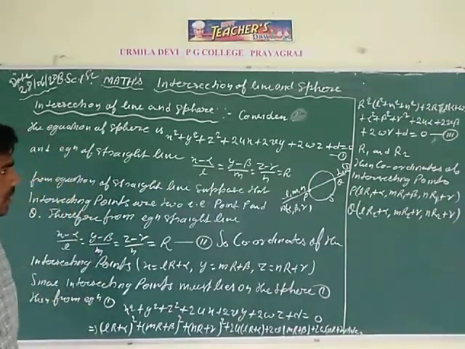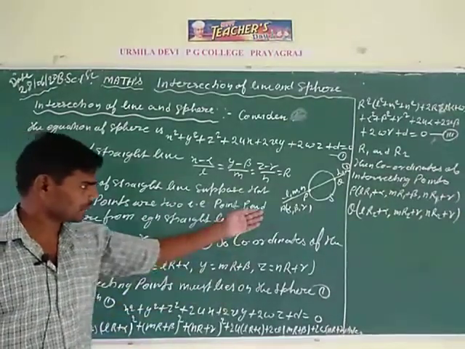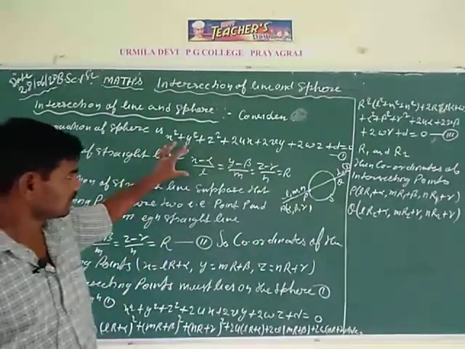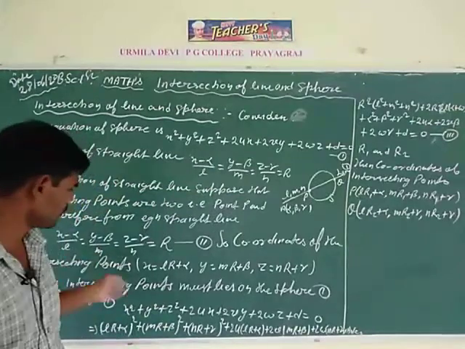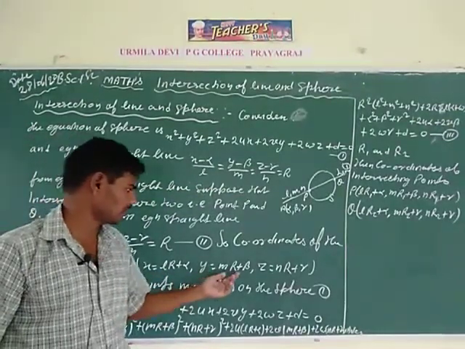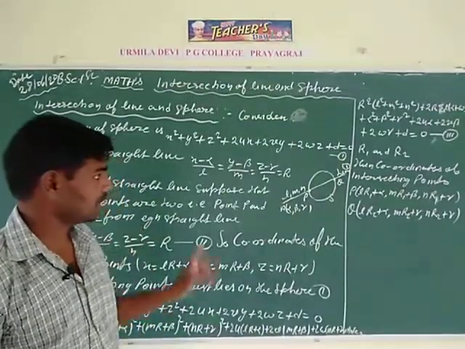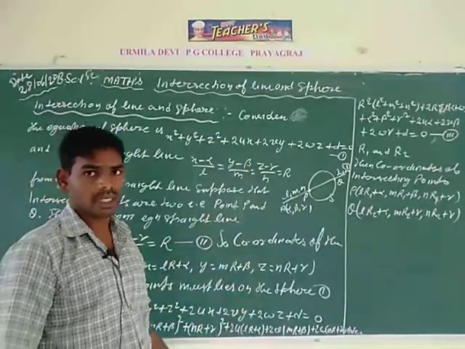So in this article, first draw a figure and take the intersecting points capital P and Q. With the help of the straight line equation, write the intersecting point coordinates as (lR plus alpha, mR plus beta, nR plus gamma). Since the intersecting point must lie on the sphere equation, put these coordinates in place of x, y and z.